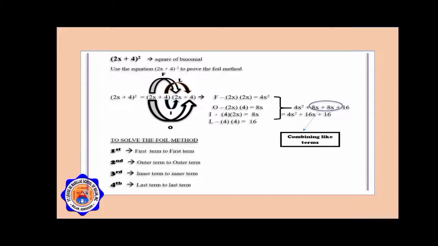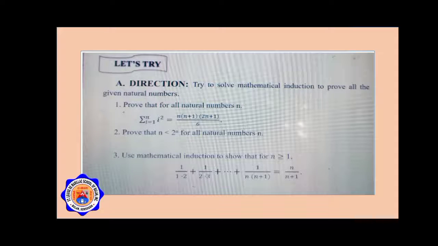The second one is letter O, outer term to outer term. Then, the third one is the inner term to inner term. And the fourth and last is the last term to last term. Then, combine like terms.